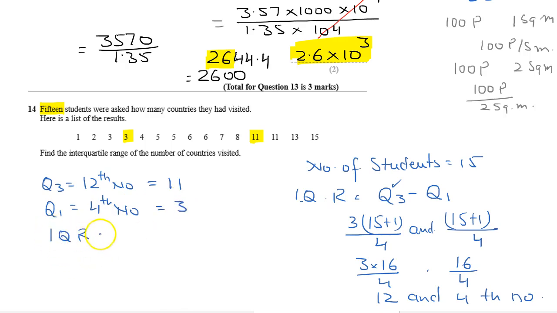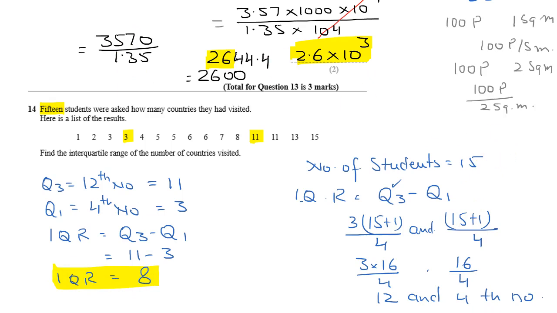So IQR is Q3 minus Q1, that is 11 minus 3. So the answer is IQR is 8. From the method of 3n over 4, n over 4 or n over 2, we can get this Q3, Q1 and Q2.